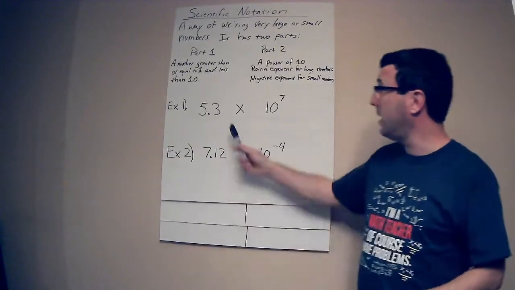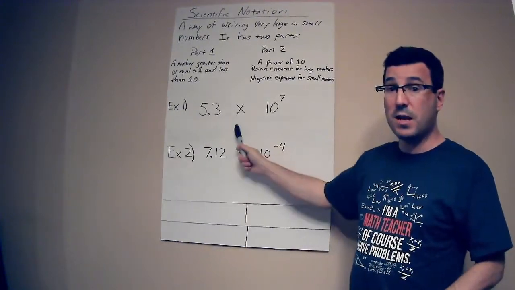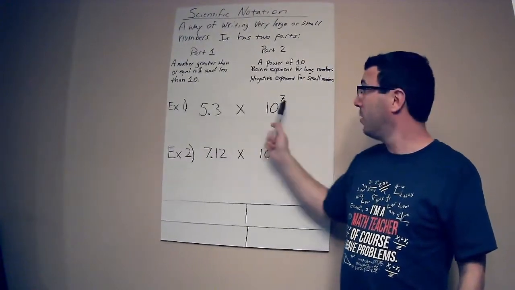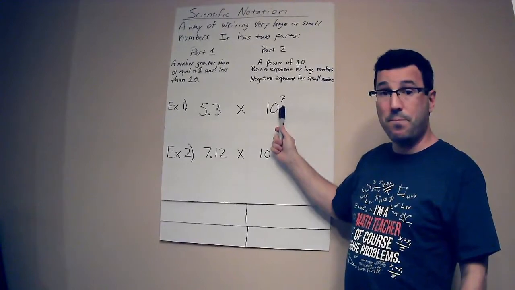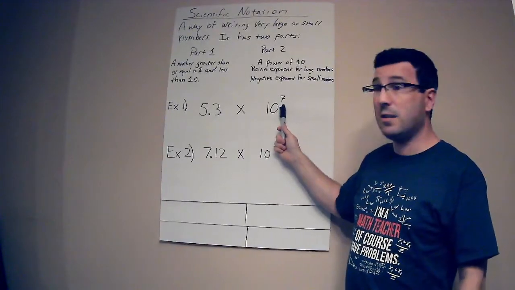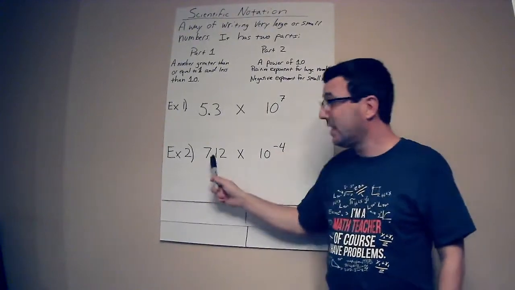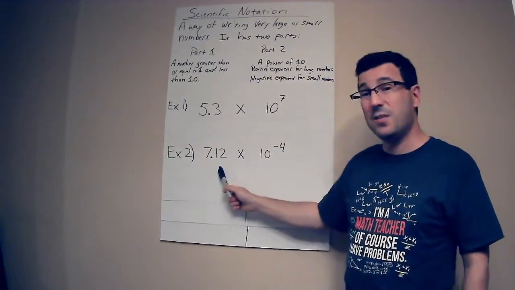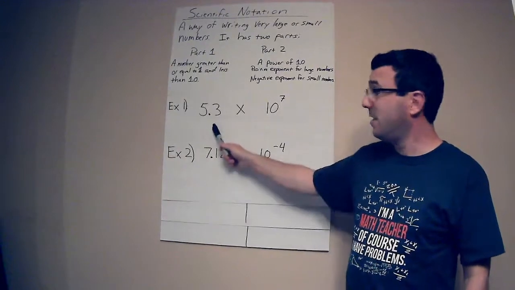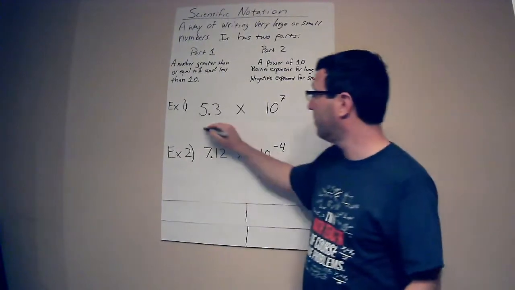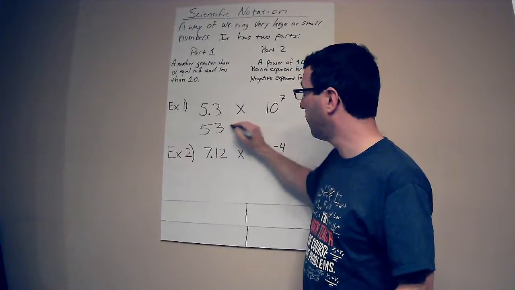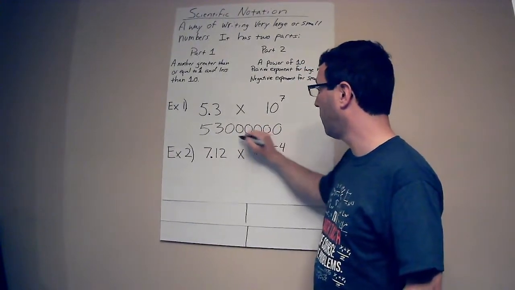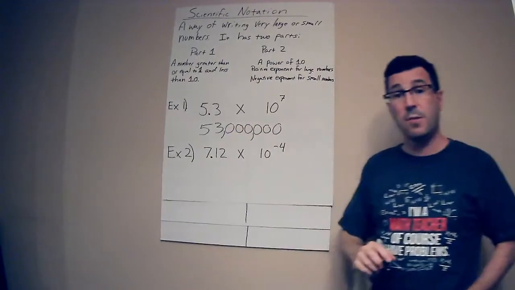So as we see, 5.3 times 10 to the 7th. This is a very large number because it has a power of 10 that is a positive exponent. 7.12 times 10 to the negative 4th. This is a very small number. This number, when I convert it, is 53 million.